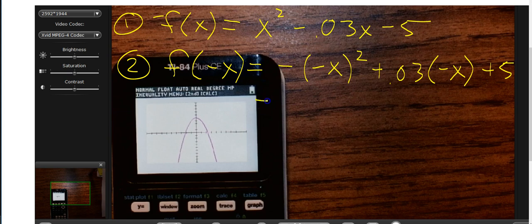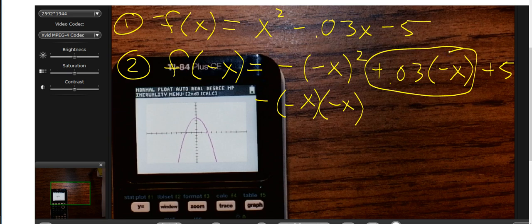So we have the opposite of negative x times negative x. Okay, so how much is this thing here in the middle? That's negative 0.03x, right? How many of those minus signs are going to cancel out on the first term?